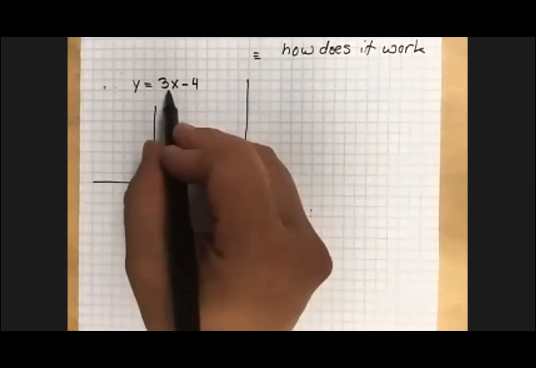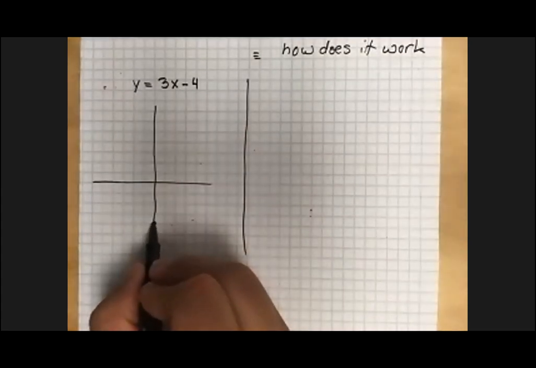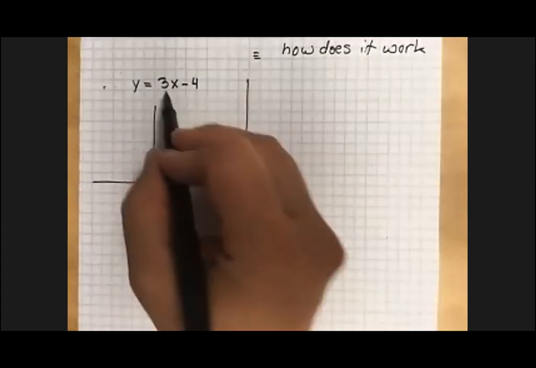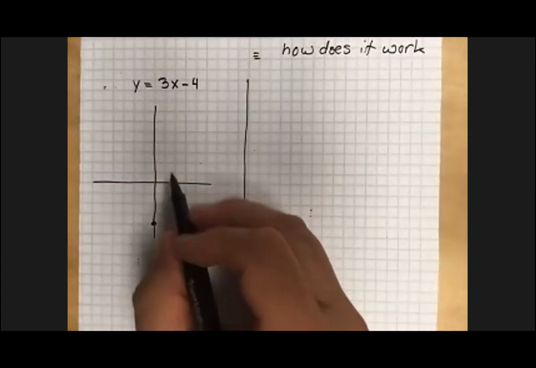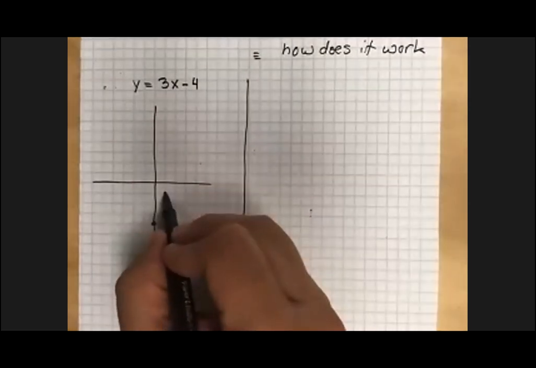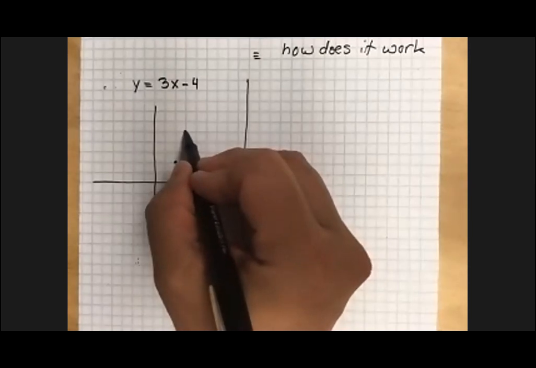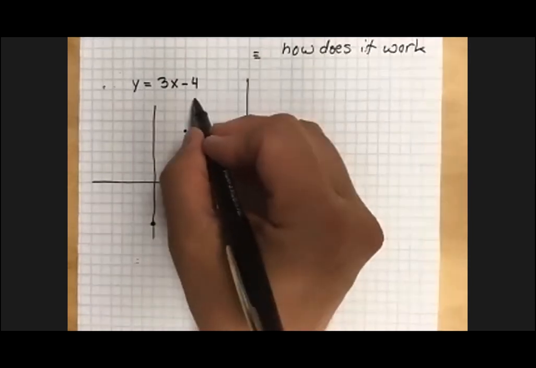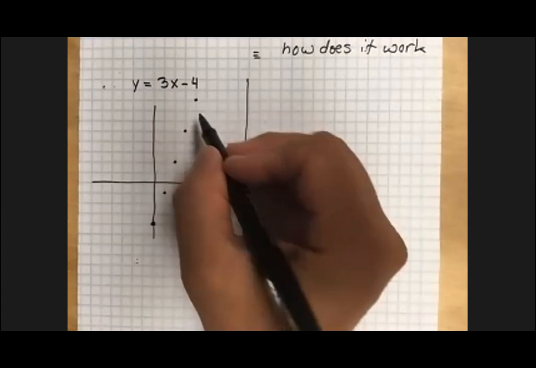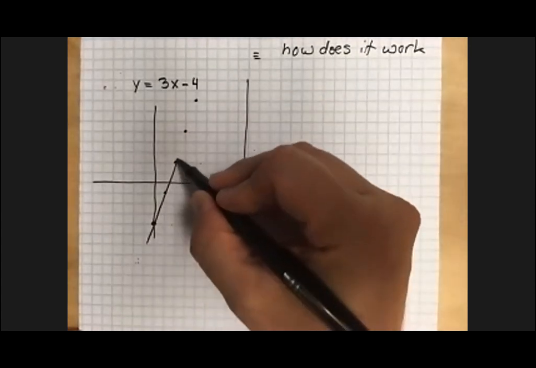Always put in the easiest points you can, by the way. Put in X equals 0, you get Y equals -4. That would be the Y-intercept. And then I see a slope of 3, up 3, right 1, up 3, right 1. I can do that all day, but I can just plug in 1 and get -1, plug in 2 and get 2, plug in 3 and get 5, plug in 4 and get 8. There's my line.